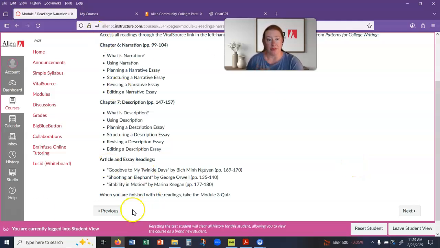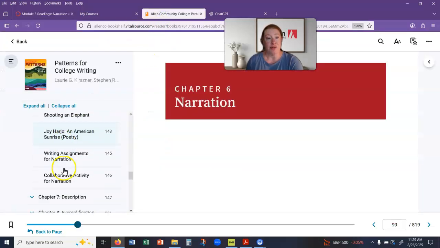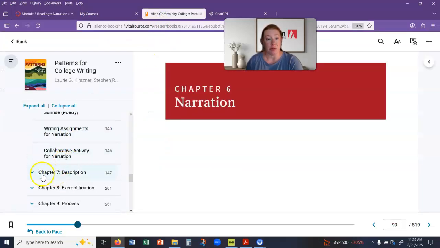You'll have a couple of different reading assignments, and they are chosen specifically to demonstrate that type of writing. Whatever chapter they're in is what type of writing they're going to show you. So you'll be reading chapter 6 and chapter 7.